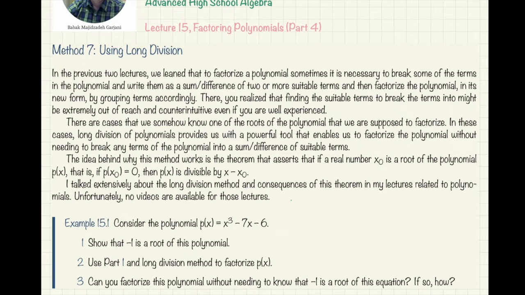This is the idea. The idea behind why this method that I'm going to explain will work is a theorem about polynomials. What is the theorem?